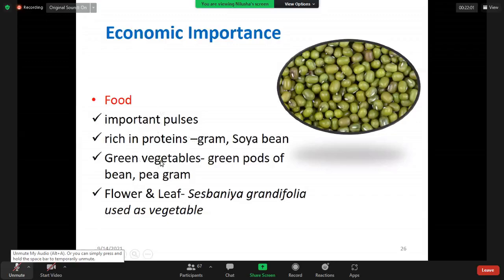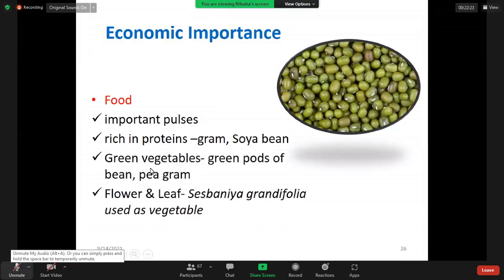They have rich protein content, like gram, mung bean, green gram, black gram, cowpea, soya bean. These seeds contain a rich protein source, so it is very important.